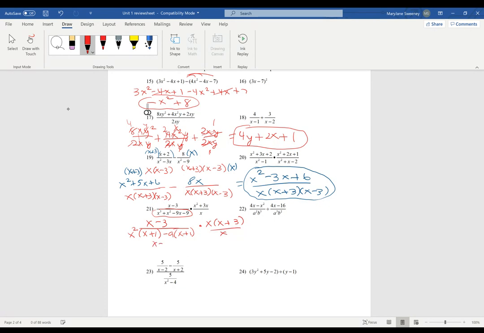Okay, now the bottom of the first fraction, I pull out the x plus 1, and I've got x squared minus 9. And then from there, x squared minus 9 is x plus 3, x minus 3.